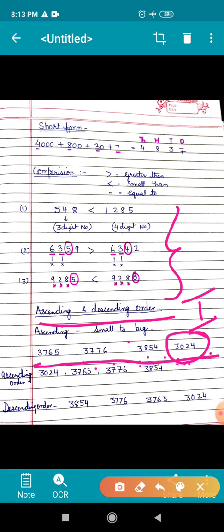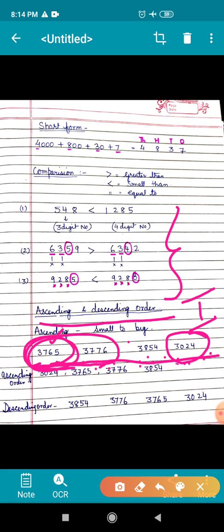Now the left three numbers. Here you can see 7, 7, 8, means these two numbers will come after this number, but you cannot decide. So you will move on to tens place. Here on tens place 6 and here on tens place 7, means it is clear that this number will be the smaller.